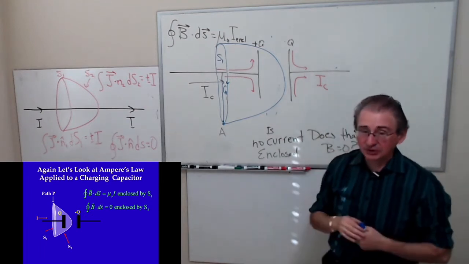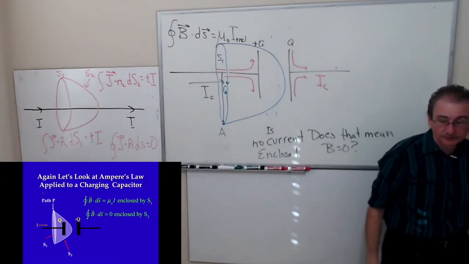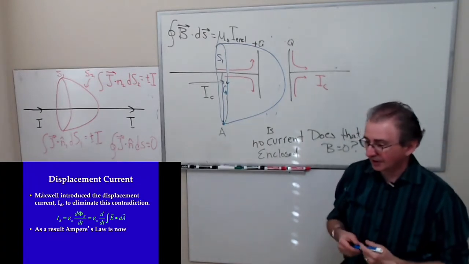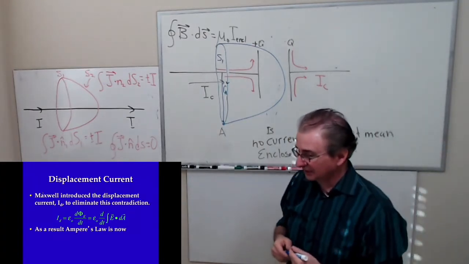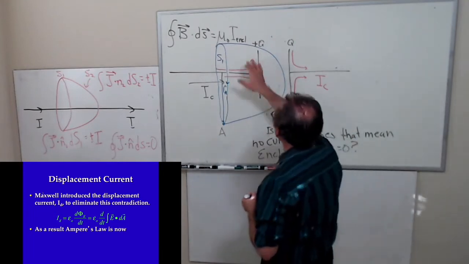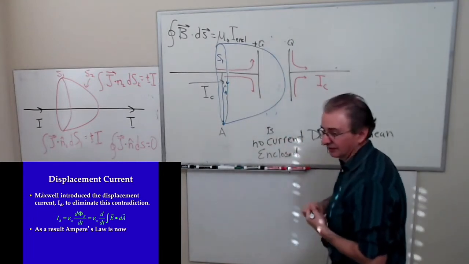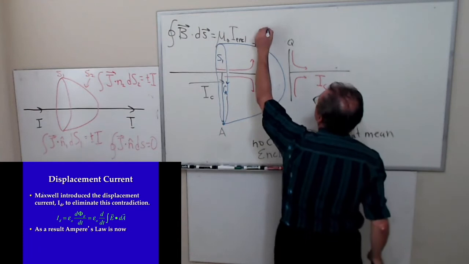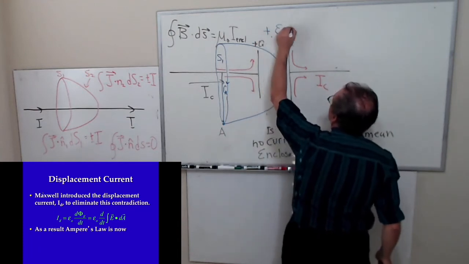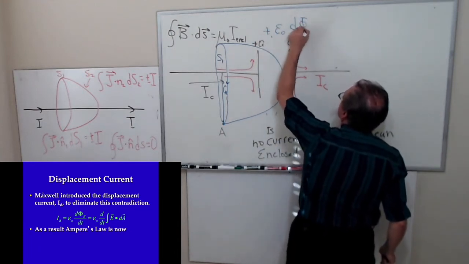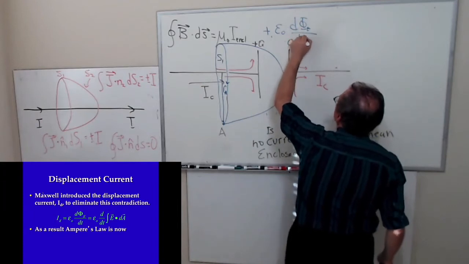So what did Maxwell do? He said, maybe what we need to do is introduce another term here that's equal to epsilon naught d phi sub E dt.